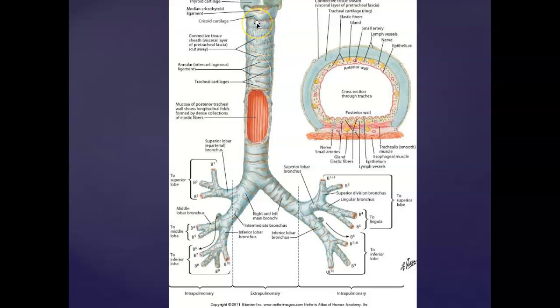You can see these rings on the anterior portion of the trachea are made up of hyaline cartilage. It looks kind of like a vacuum cleaner hose in consistency as it comes down. Because the airway needs to stay open all the time, these rings create a rigid cartilage framework so that they can maintain their opening. So it's in front of the esophagus.